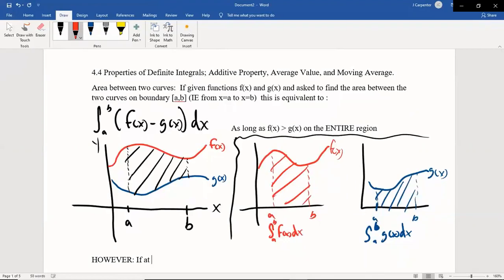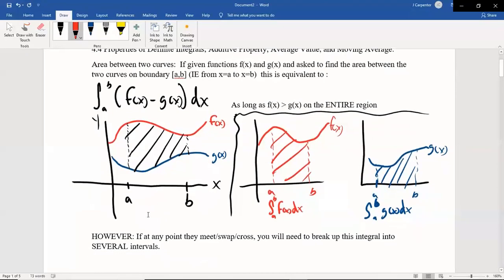However, if at any point they meet, swap, whatever you want to call it, cross, you'll need to break up this integral into several intervals. Let's pause on that idea and come back to it after we do an example.